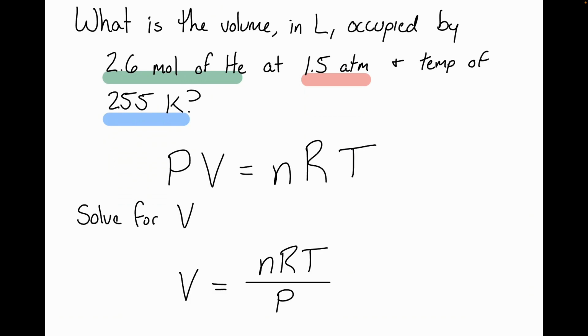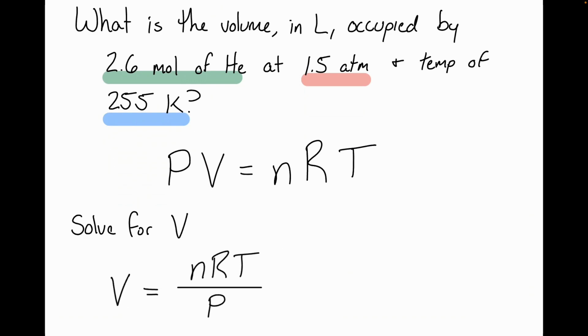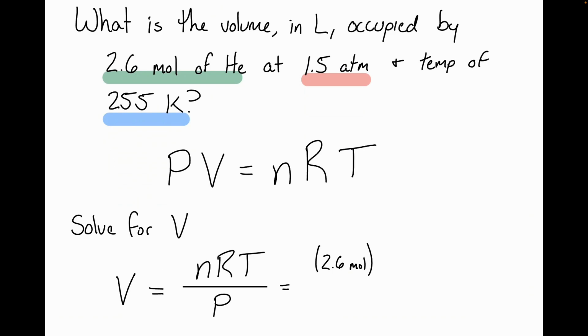Okay, so if I divide both sides by pressure, I'll have volume equals nRT over P. And again, I got everything to plug in on the right-hand side of this equation here. My 2.6, and I'm going to be good with my units here, 2.6 moles.